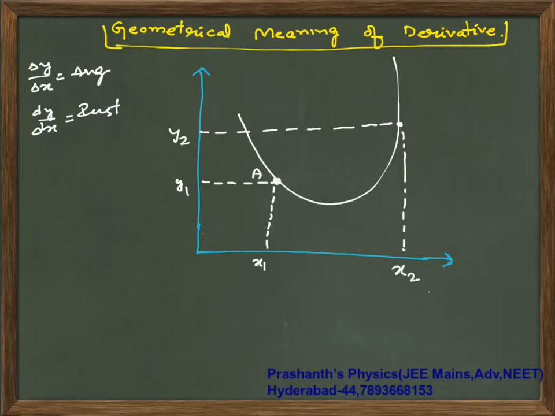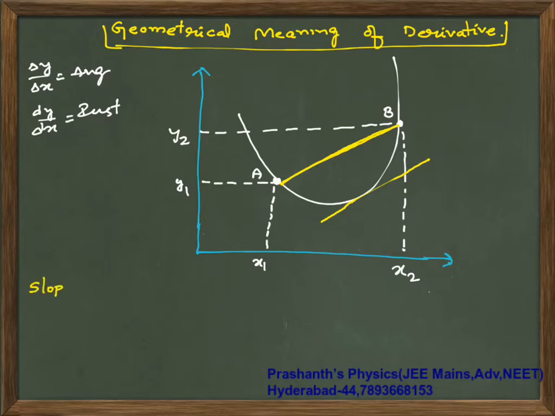Now if this is A and this is B, and if you draw a tangent like this, observe carefully. First of all, if you take a secant, the slope of secant. Secant means it will join the curve at 2 points.